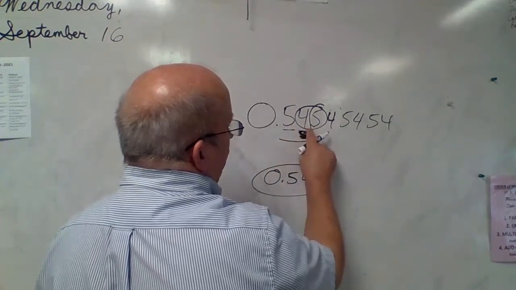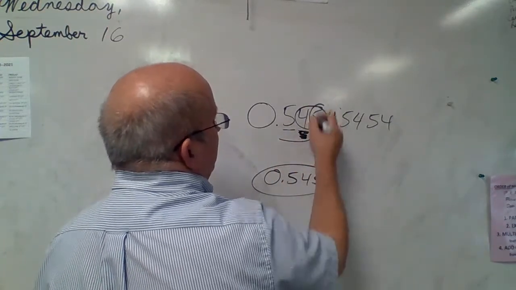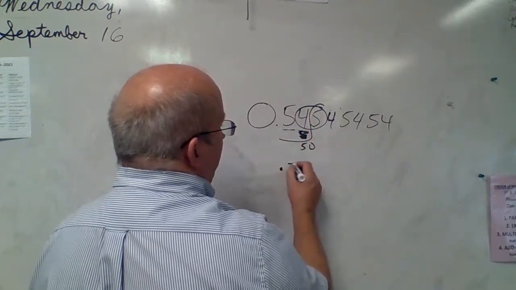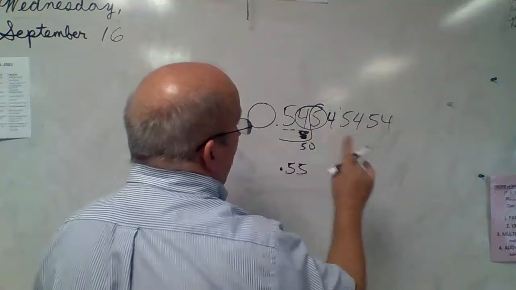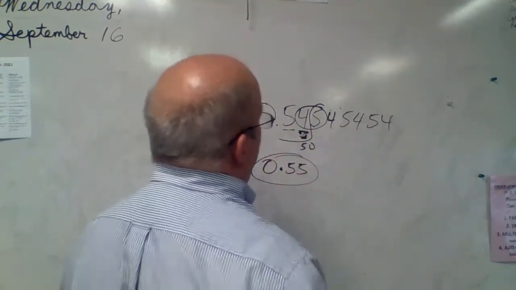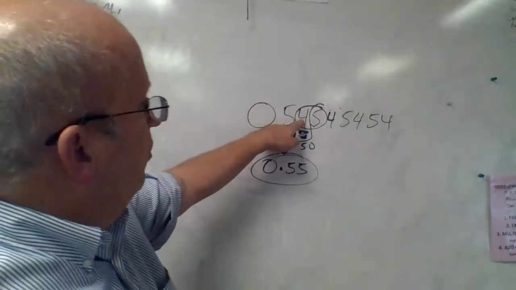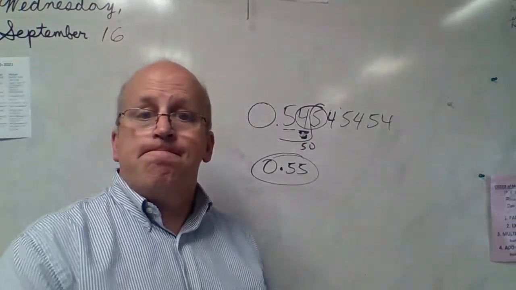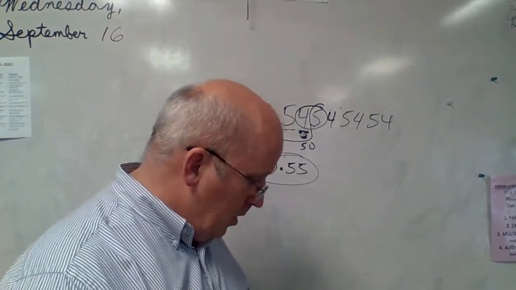What would I round 45 to? I'd round that up to 50. And because I rounded up to 50, that means my final answer, if I'm rounding to the hundredths place value, is 0.55 because that 4 becomes a 5. Make sense? Okay. Hopefully.